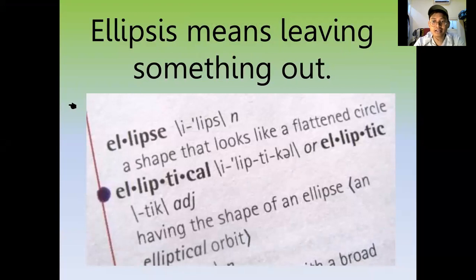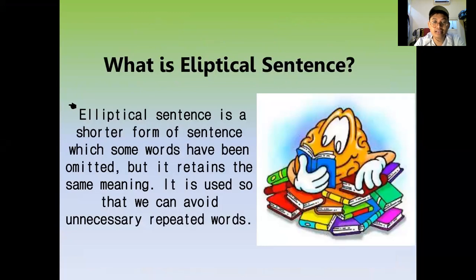Meanwhile, an elliptical sentence is a shorter form of a sentence in which some words have been omitted, but it retains the same meaning. It is used so that we can avoid unnecessary repeated words. So we wouldn't be repetitive anymore and would be having fast and immediate conversation at the moment, right?